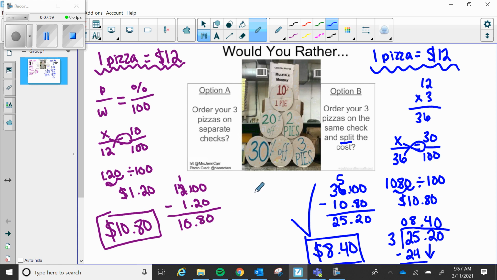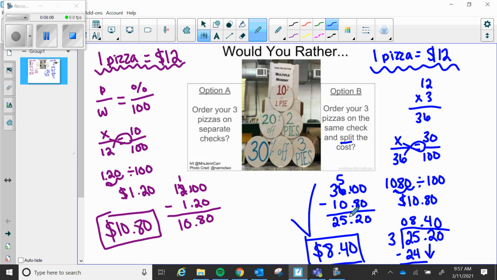The first option is to type it out into words to explain what you did to choose your option. If it were me, I would say that I used proportions, part over whole equals percent over 100, to determine the total cost of one pizza per person.